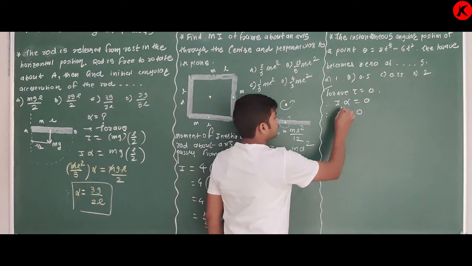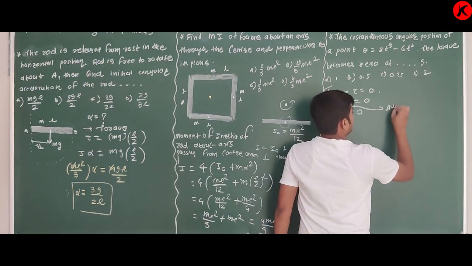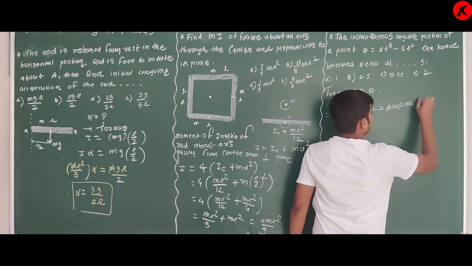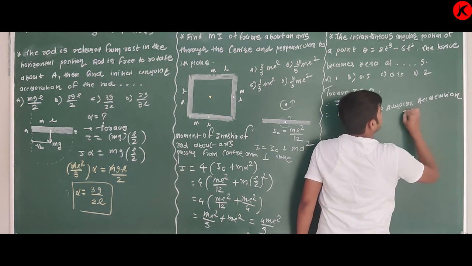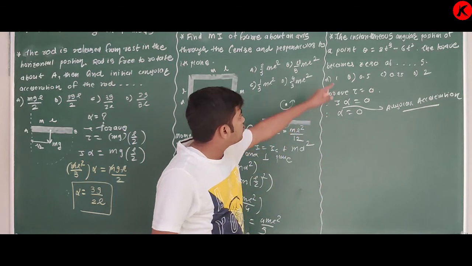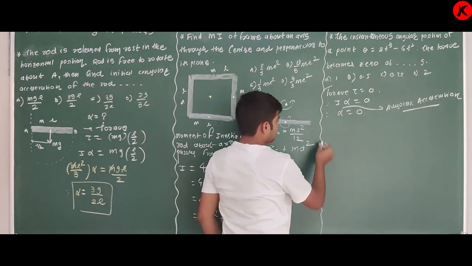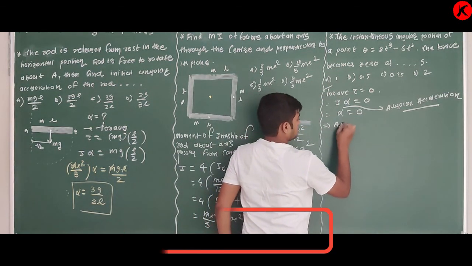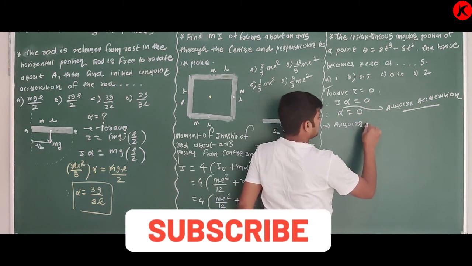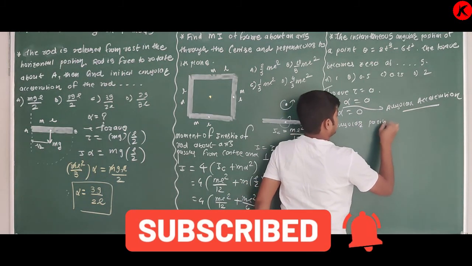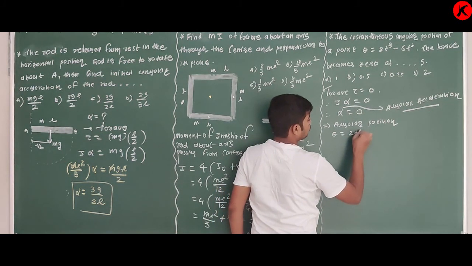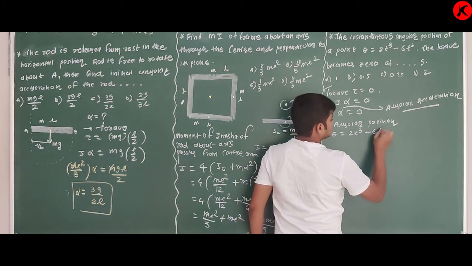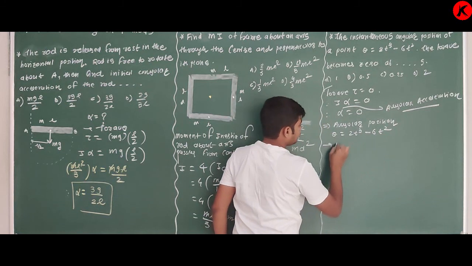Alpha is called angular acceleration. So first, from the equation of angular position, theta is equal to 2t cube minus 6t square, find the angular velocity.